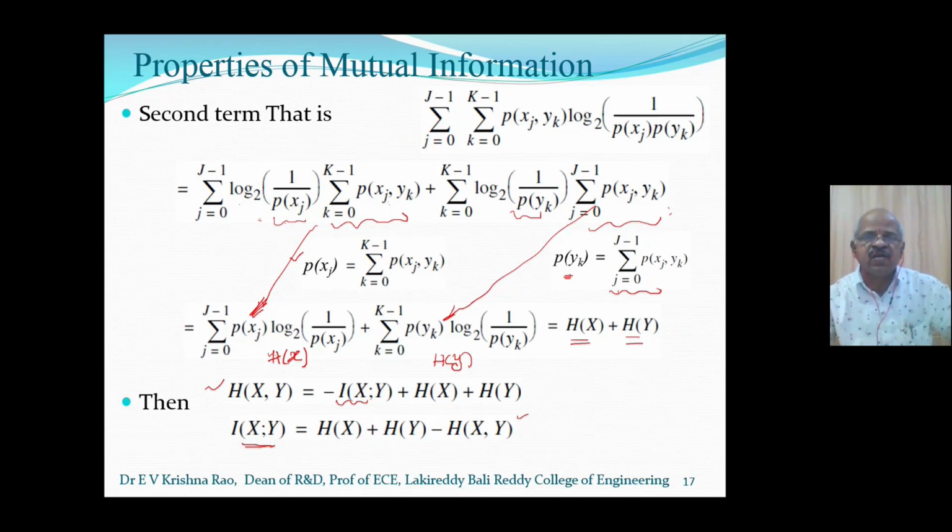This is the third property of mutual information. If you know these probabilities, you can find the entropy of each individual variable, whatever the probabilities given, and accordingly the mutual information can be estimated.